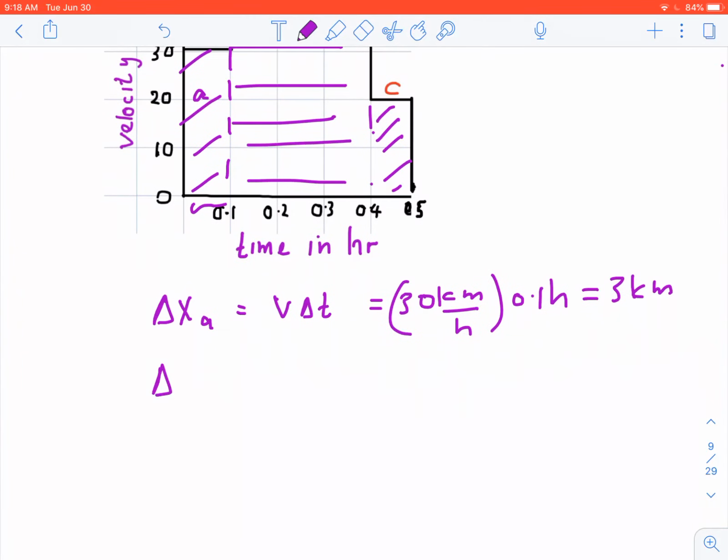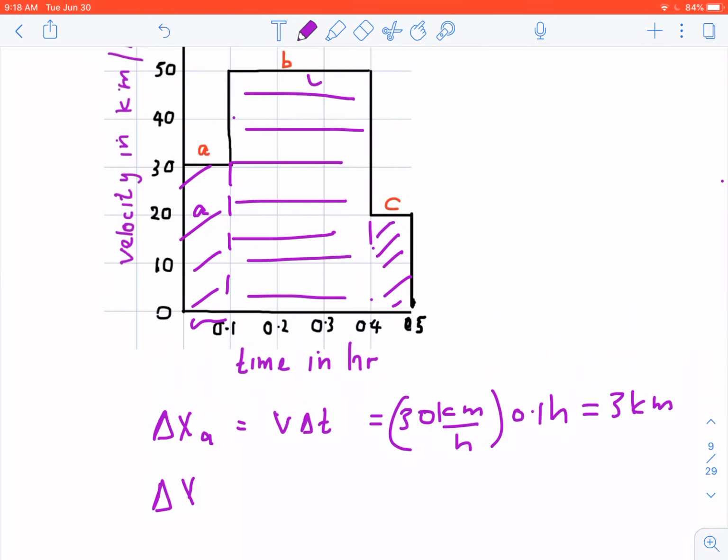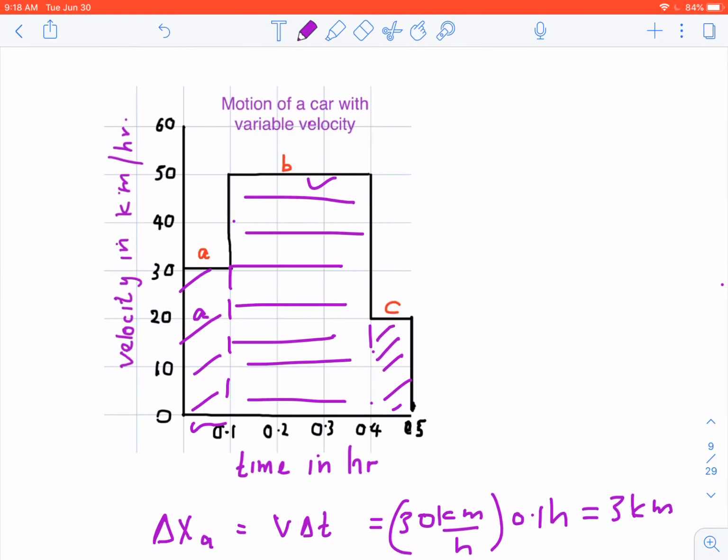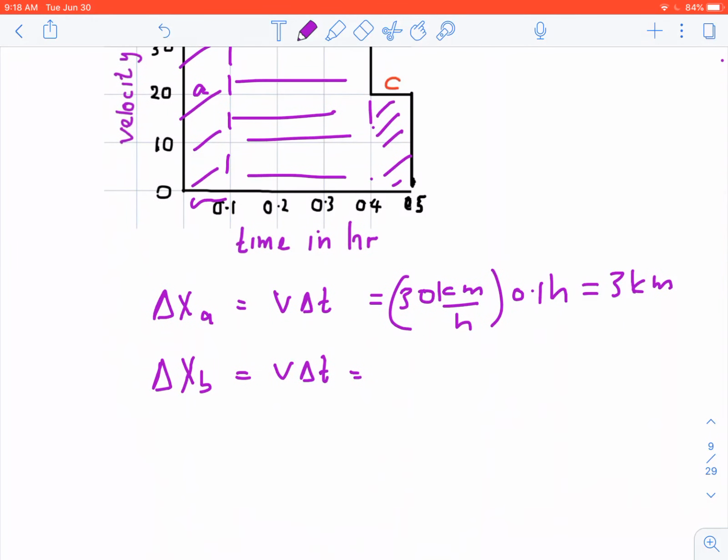Then we want change in x, the area under B, and that is equal to v change in t, and the velocity there, as you can see, is 50 kilometers an hour, and the time interval is from 0.4 to 0.1, which gives us 0.3 hours, which is equal to 15 kilometers.